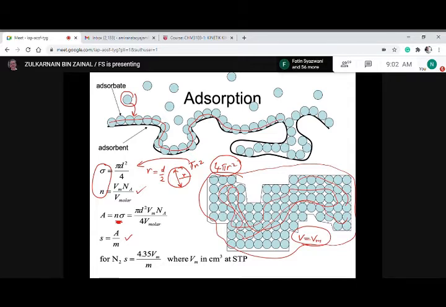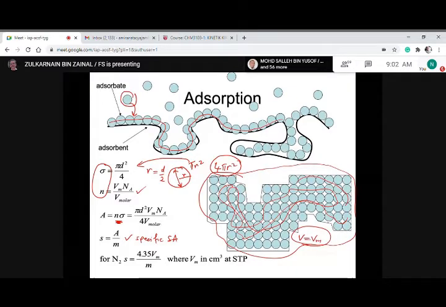This is what we call the specific surface area, because we have the surface area as area over m, where m is the amount of the adsorbent that we use.